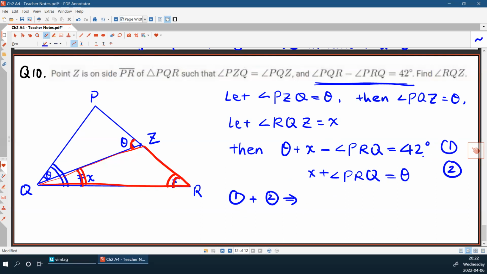Then equation 1 plus equation 2 will give us theta plus X minus angle PQR, that's the left side, right?